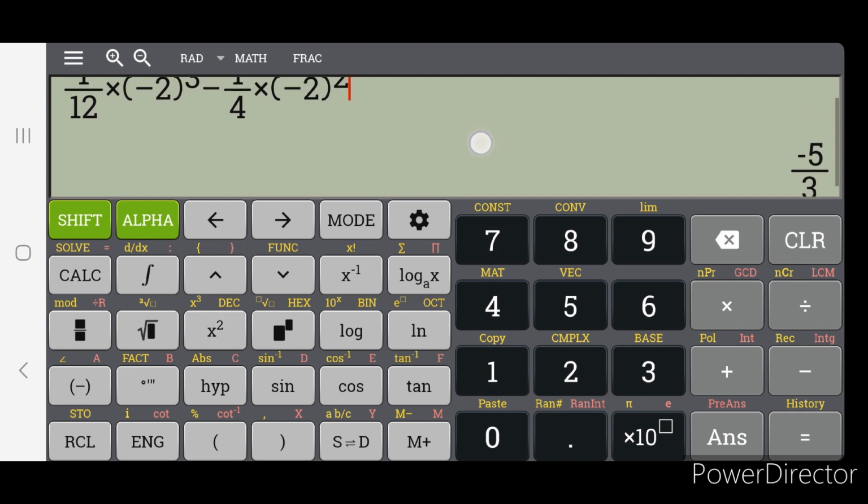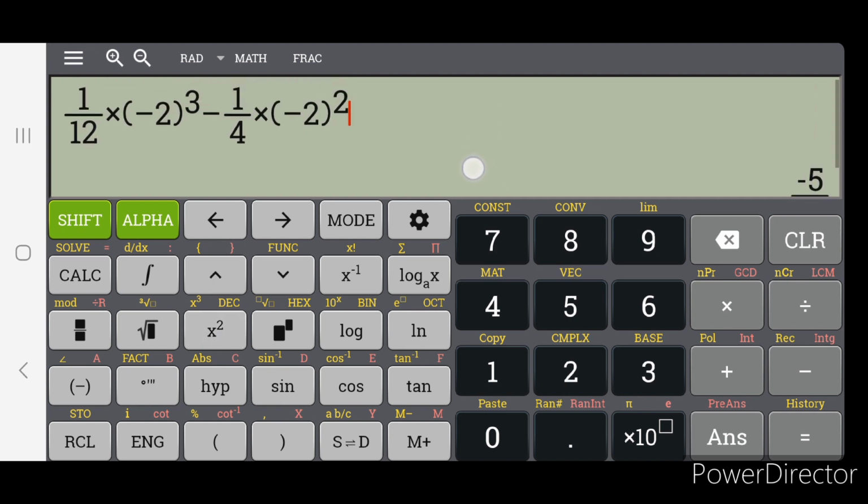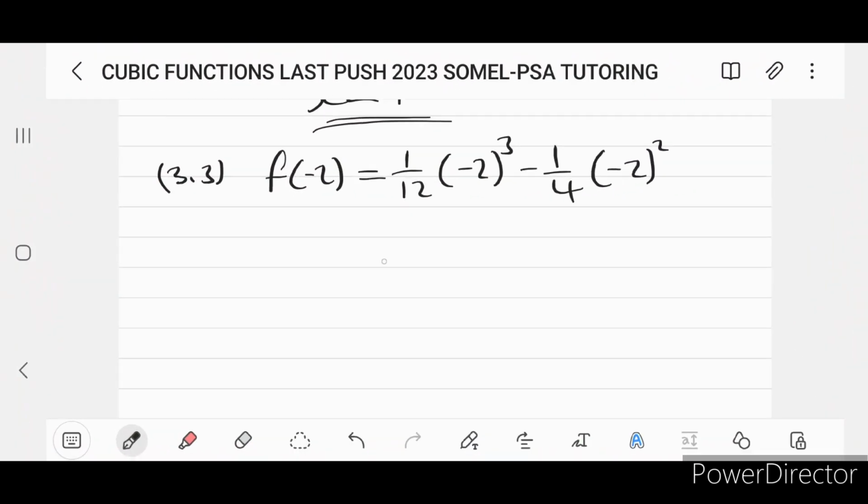So that is minus 5 over 3. All right. So that is minus 5 over 3.